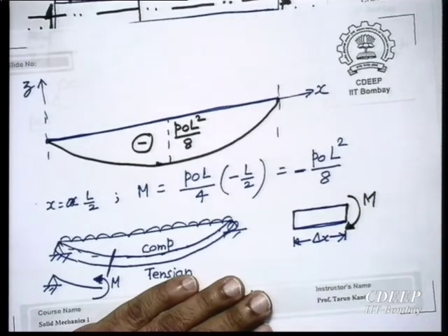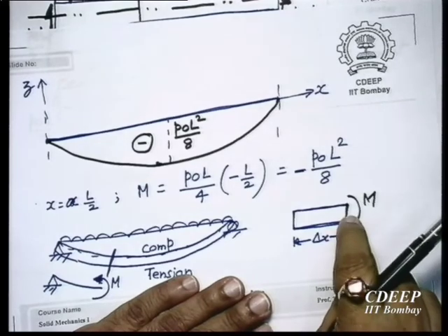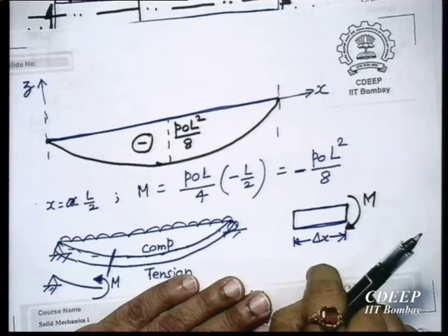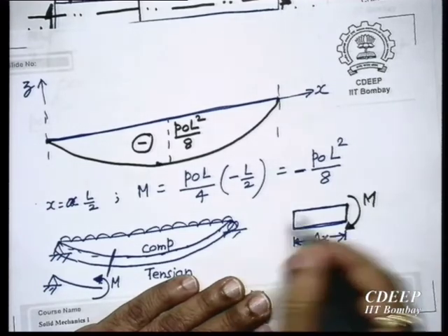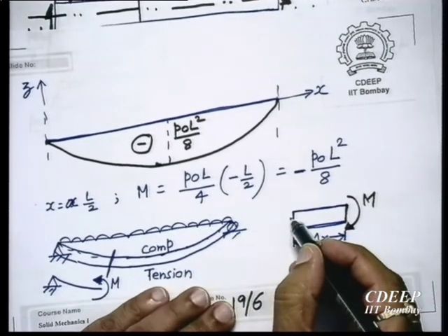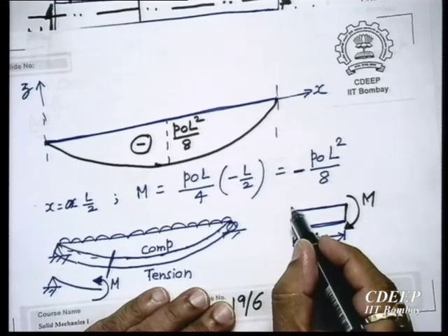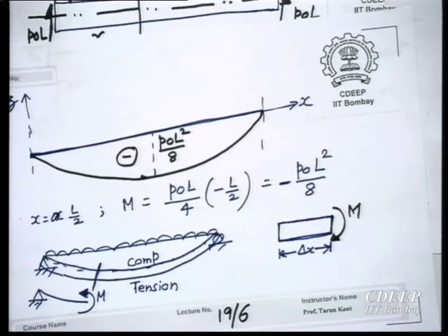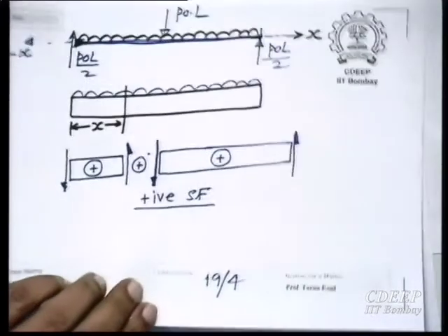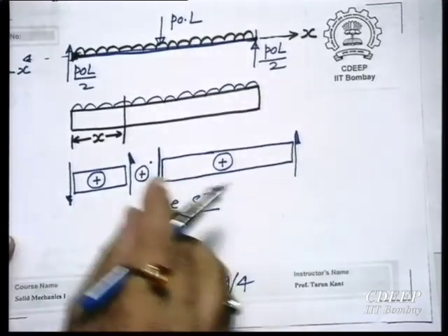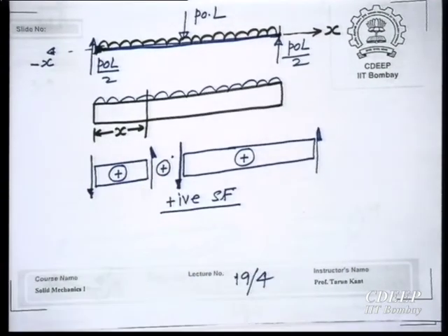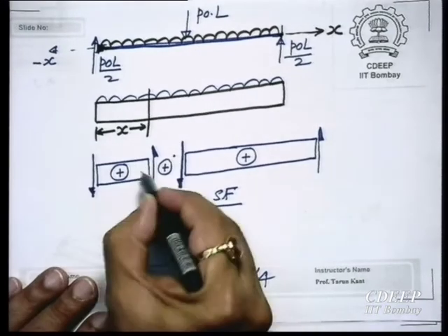Is it okay? This positive, why? Because it is a positive phase, positive x phase, and we have assumed this is moment. This is negative phase. What is the positive bending moment here? It is something like if you cut, I think here, in this diagram I had displaced the two members. So what is positive bending moment on this face here?